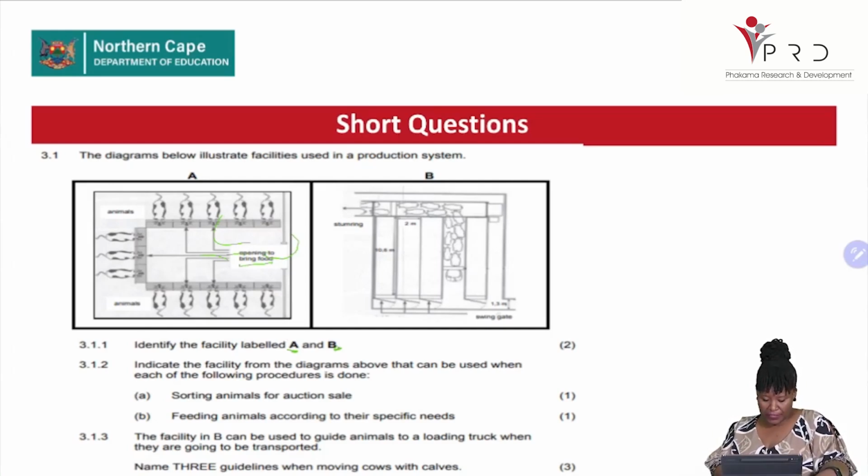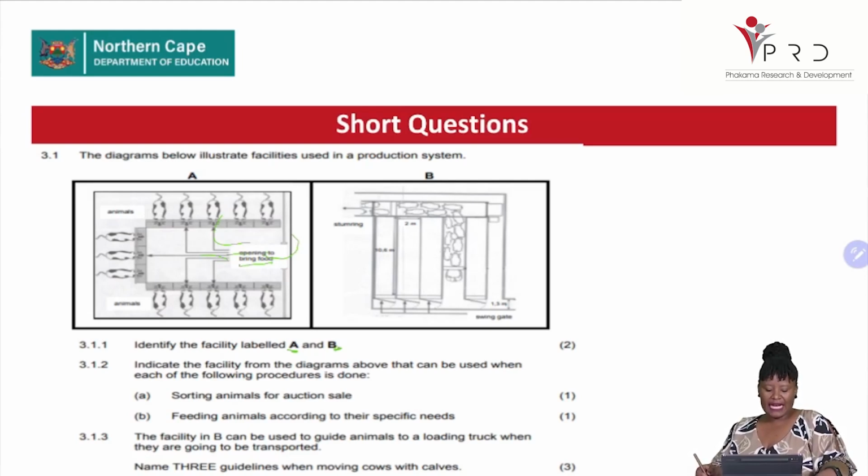And when you look at B, there are swing gates there, which allow animals to move, and they are directed. They are guided where to go. Indicate the facility from the diagrams above that can be used when each of the following procedures is done.